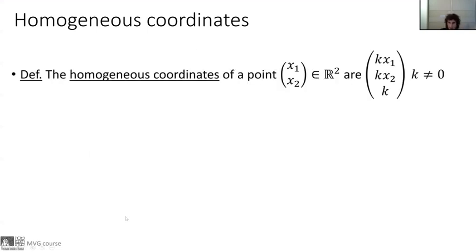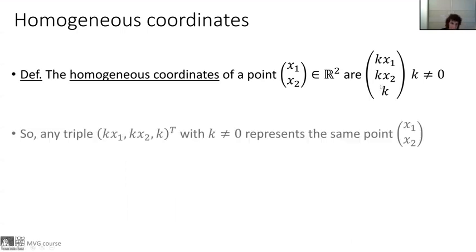So to define it, the homogeneous coordinates of a point (x1, x2) in R2 are all the representations (kx1, kx2, k) such that k is not equal to 0. So every point in R2 has many representations as homogeneous coordinates. And vice versa, if I have homogeneous coordinates written here, I can go back to x1 and x2.